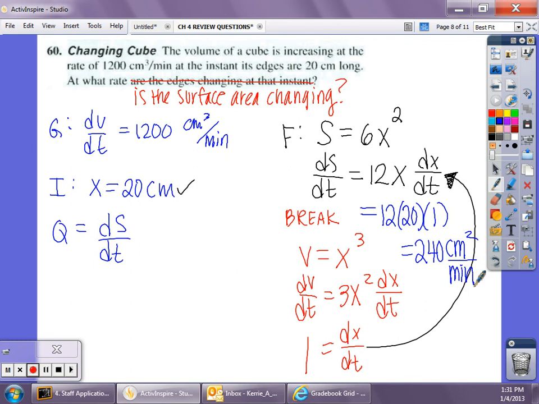In this question, they were both related by x, which was the side. So you might have to take a break from the question if what they gave you, the V, is not related to what they're asking you, S. They're not directly related, but what you'll notice is the formulas for each of them both have the same variable. That's how you're able to do this question.